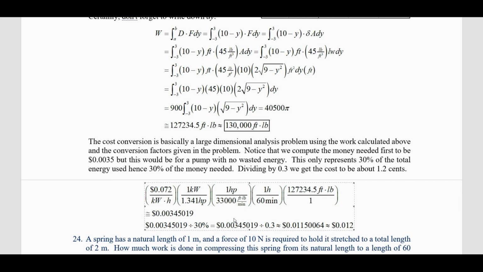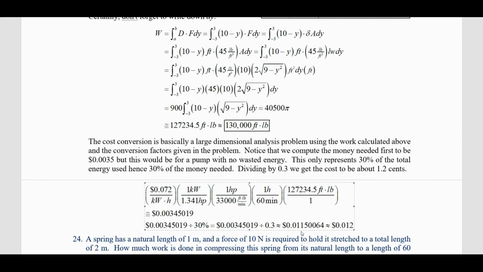It turns out that we said the thing was only 30% efficient, so we need to divide by 30% to get the actual cost. So dividing this by 0.3 gives us this, which rounds off to about 1.2 cents each time we have to pump out the tank.